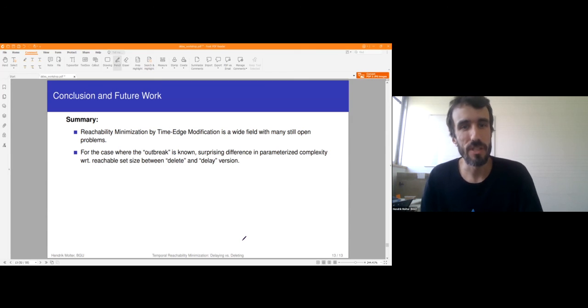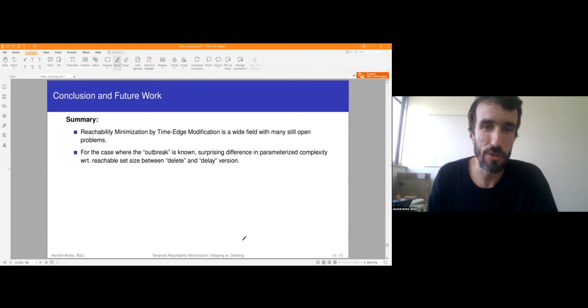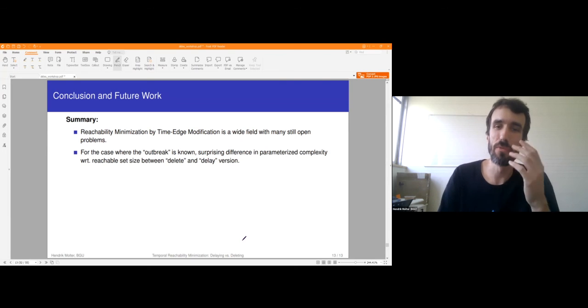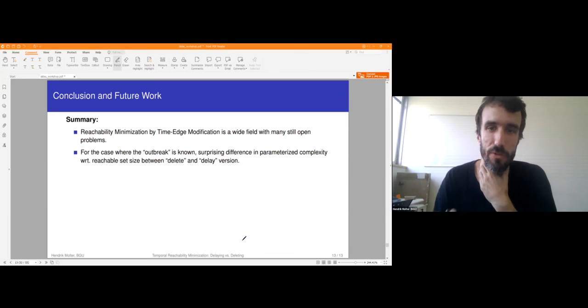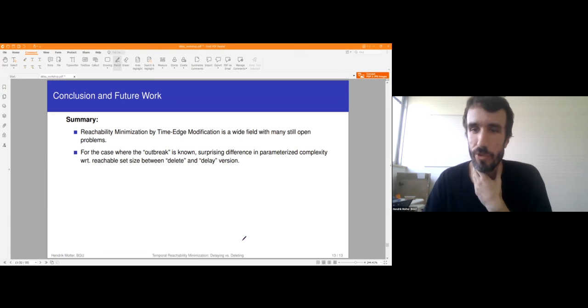What we could show is that in the setting where we assume that the outbreak is known in advance, there's this surprising difference in the parameterized complexity with respect to the reachable set size that we want to have, if I compare the deleting and the delaying modification.